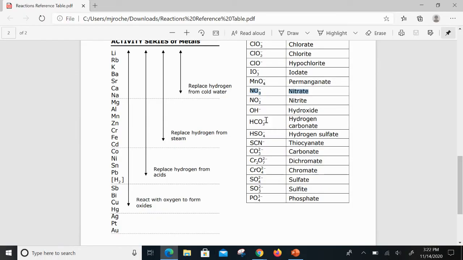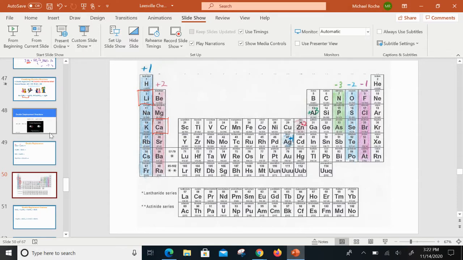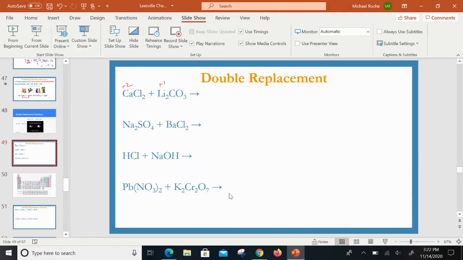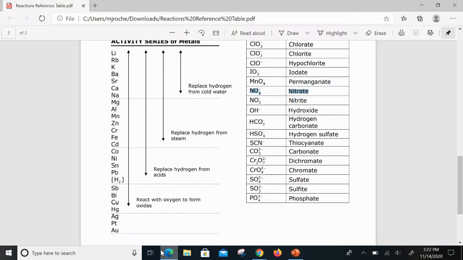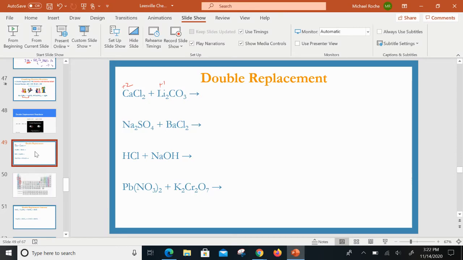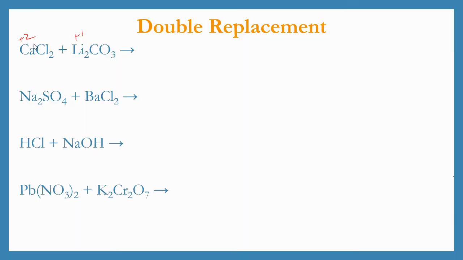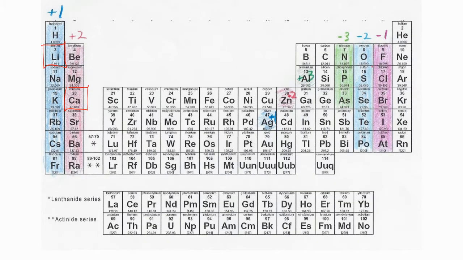We're looking at a nitrate, which is -1, and a carbonate, which is -2, and the chloride, right here, is -1.